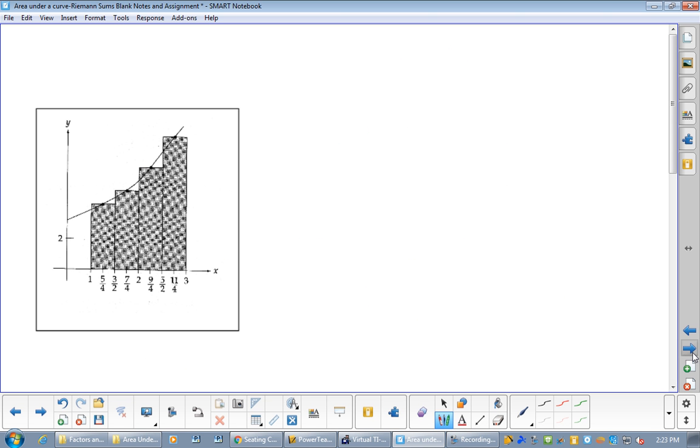Okay, so now this might be a little better approximation because we're actually doing midpoints. Okay, so this is using midpoints to find area.